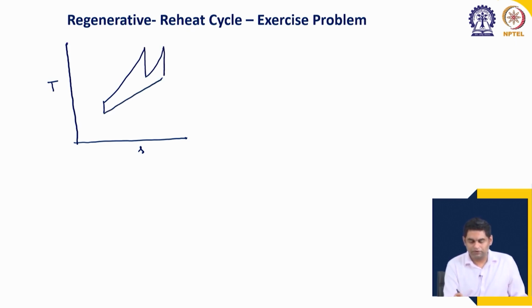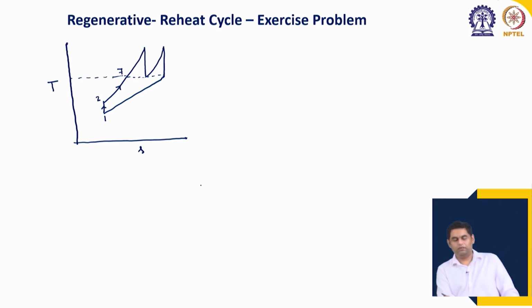These are all the processes: going from 1 to 2 is compression, then 2 to 7 is the regeneration on the air side. Then 7 to 3 is the first conversion process. Then 3 to 4 is the first expansion, or high pressure turbine expansion.